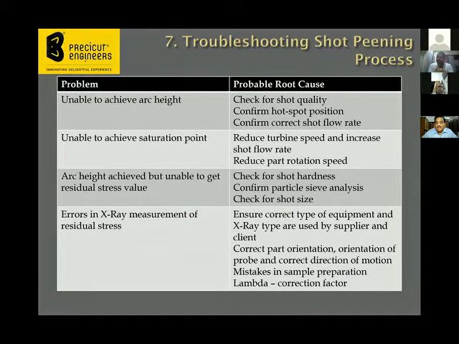Now this again typically happens because of the inferior quality of shots. Why shots are to be checked first is because arc height is taken on a strip which is of spring steel. It is a soft material. So we are going to get the required arc height if the intensity, the RPM and the flow rate are correct.